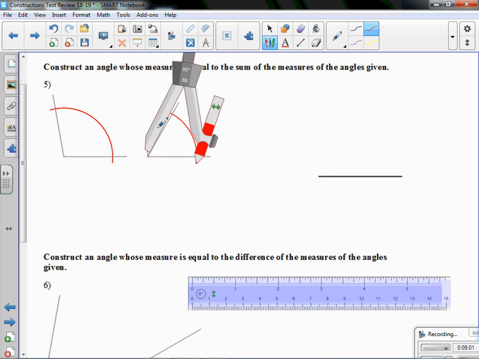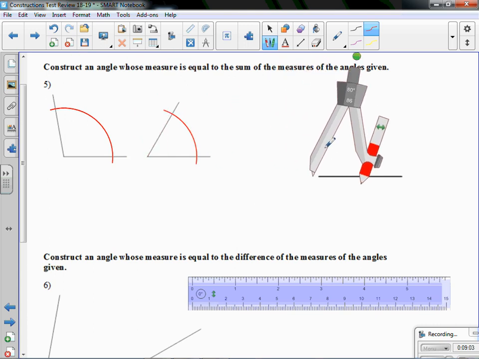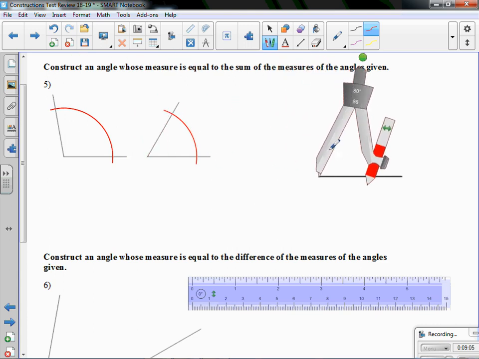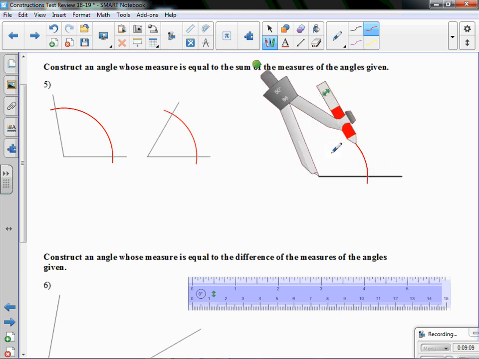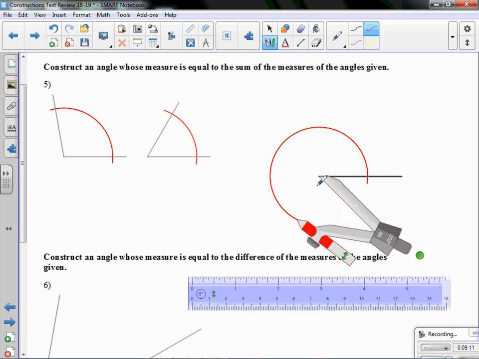Hits that angle in two places. Then we're going to come to our segment that we started with. Make a really big arc on that one, because we're going to put these two together.